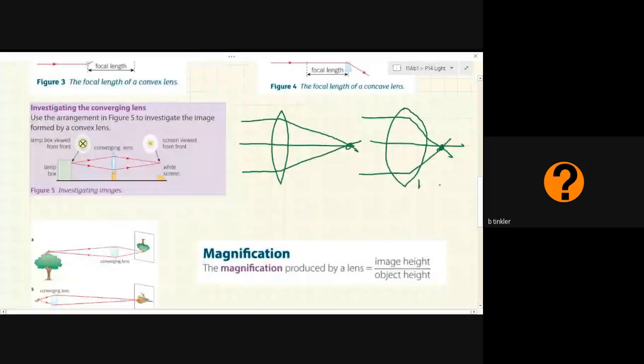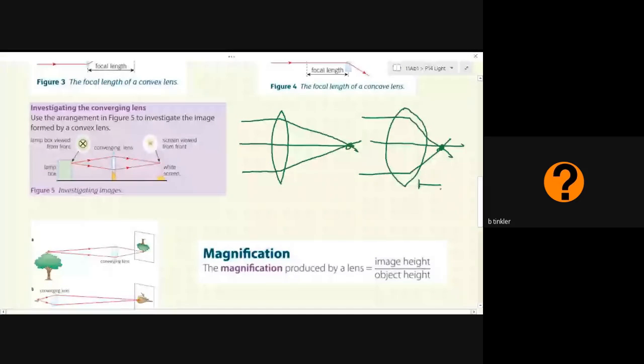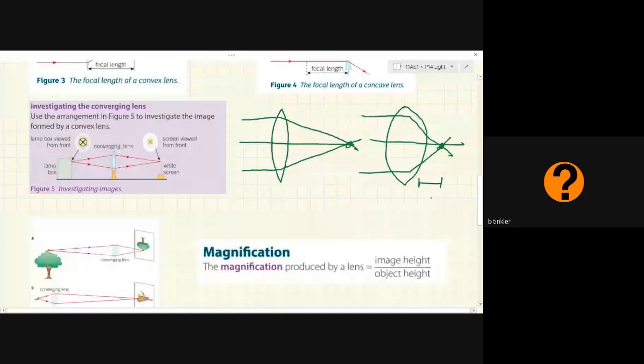Fat lens, more bending, closer focus. So we would have been doing this experiment with this lamp with a crosshair to form an image on a screen, and we can change the distance of the lens. So where the lens is relative to the object will determine the features of its image.